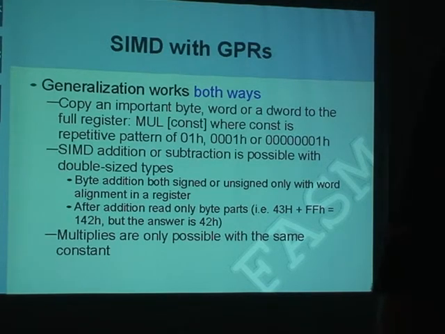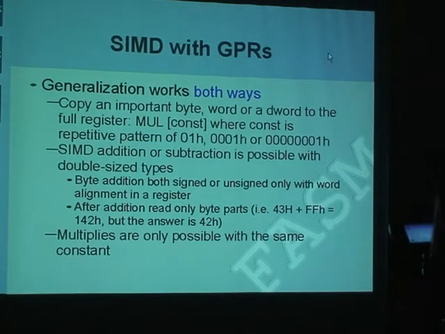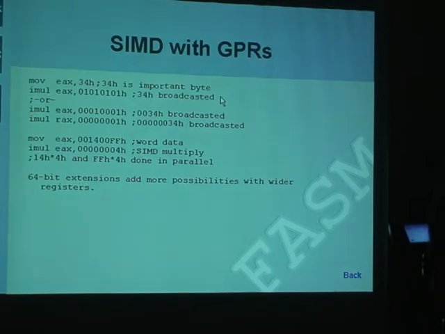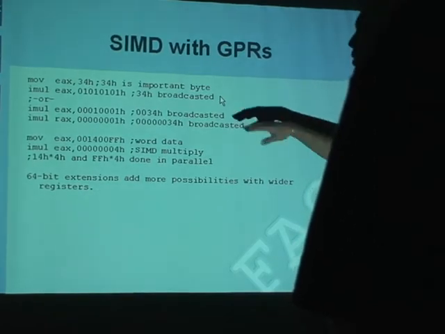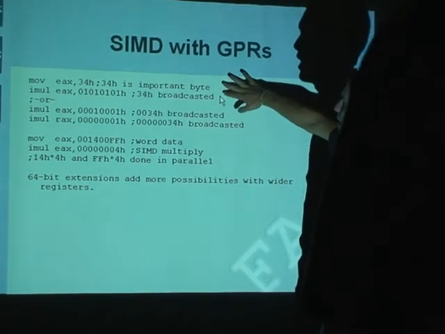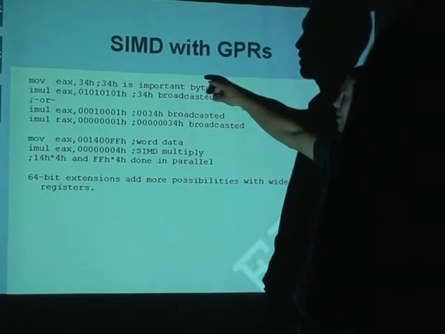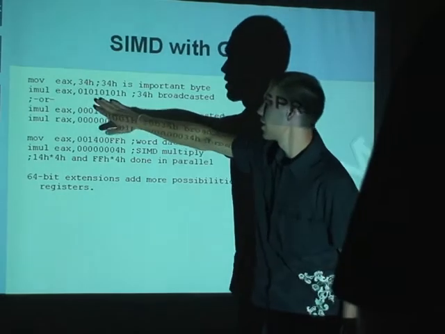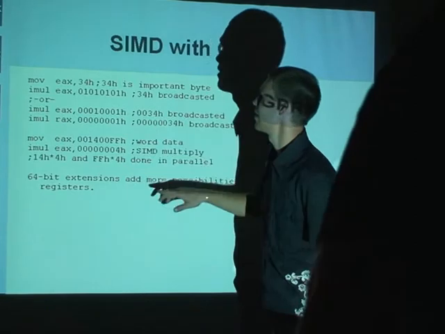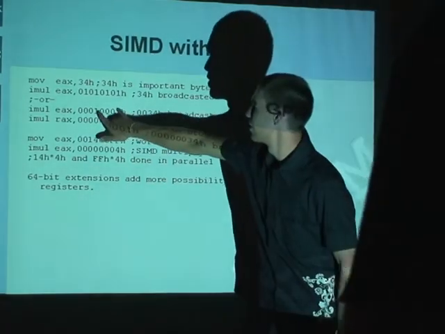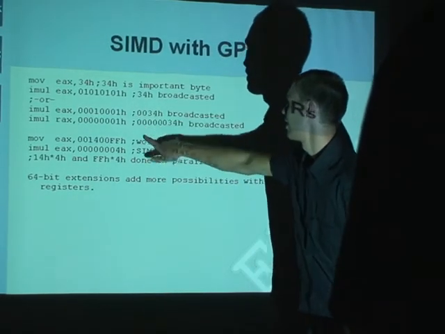Even trickier are multiplies, because multiplies are only possible with one value. There's an example where we have a byte here in the EAX and multiply with this kind of pattern, and we have interesting bytes in here. We can do other patterns and have these kinds of values broadcasted everywhere.